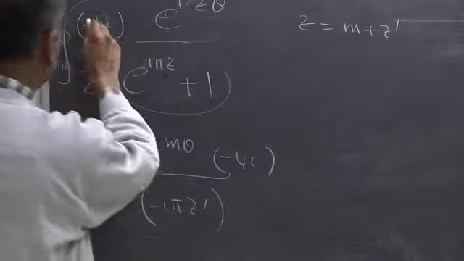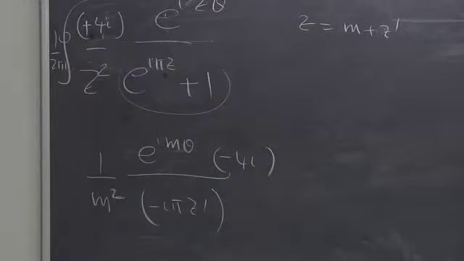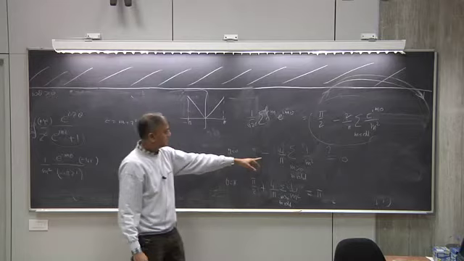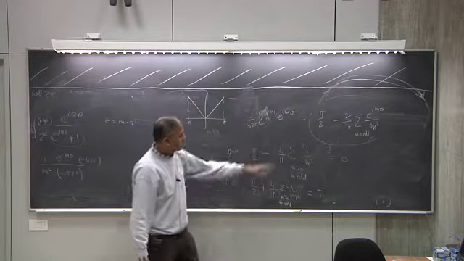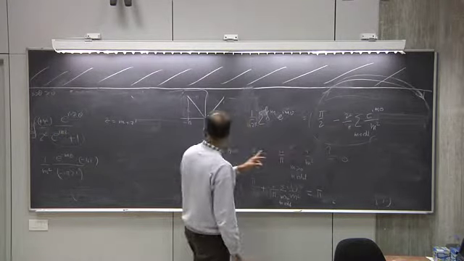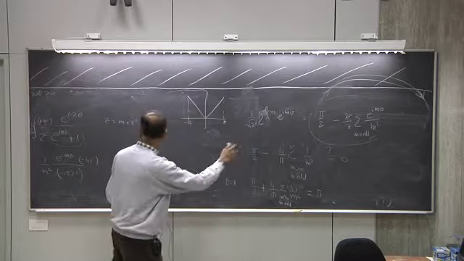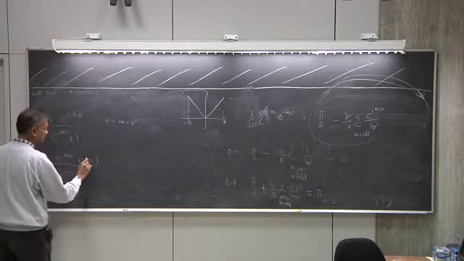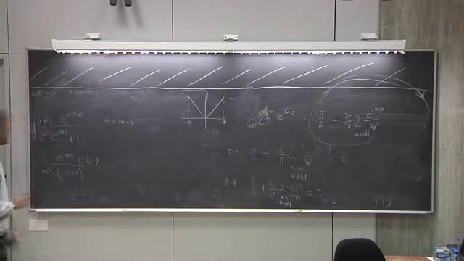No, I need plus 4i, right? Because there's a minus sign here. Sorry, not 4, I should just get 2. Correct?